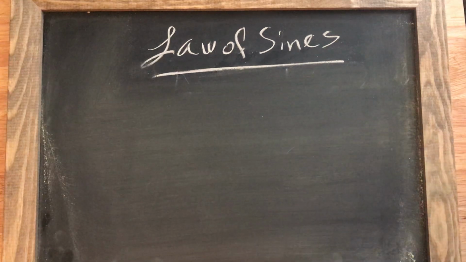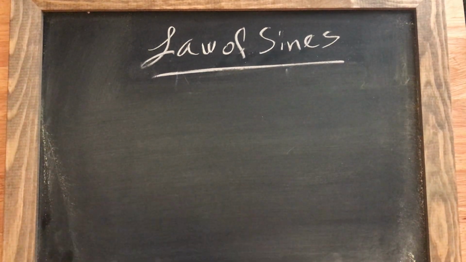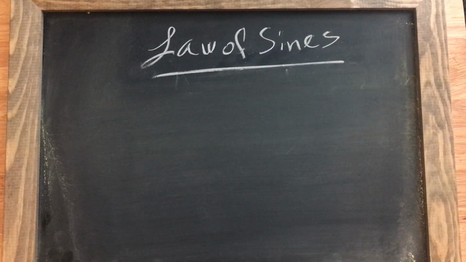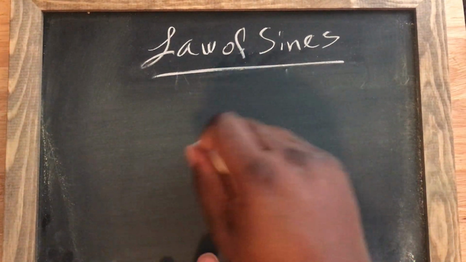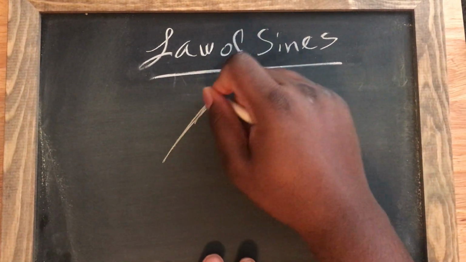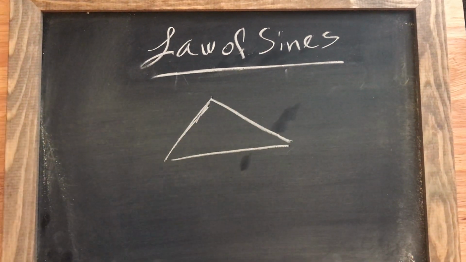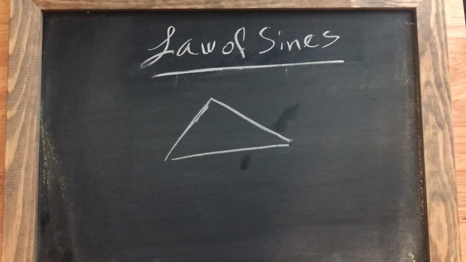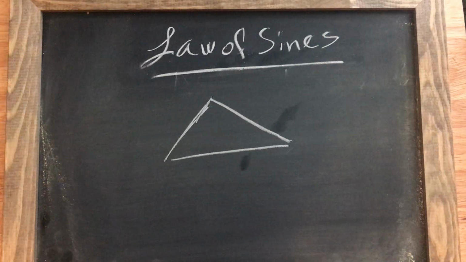Let's say, just for kicks, we've got, now I'm going to make it easy, so I'm going to actually make this a right triangle, but obviously this is mainly used for non-right triangles.